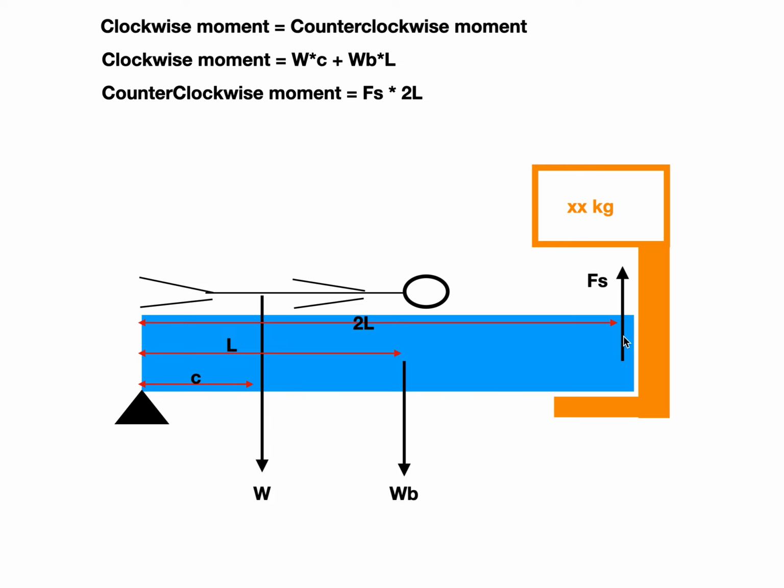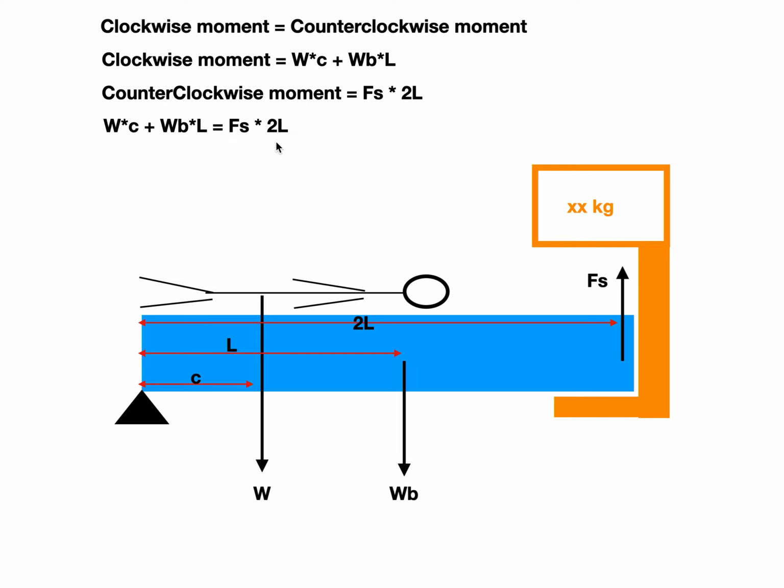It's applied by this force at the end, right? It's generated by the force here. So it's Fs times 2L. And because we know clockwise equals counterclockwise, we can write the equation like this. W times c plus WB times L equals the counterclockwise moment, Fs times 2L.